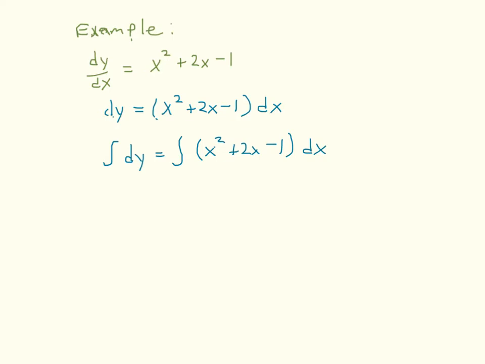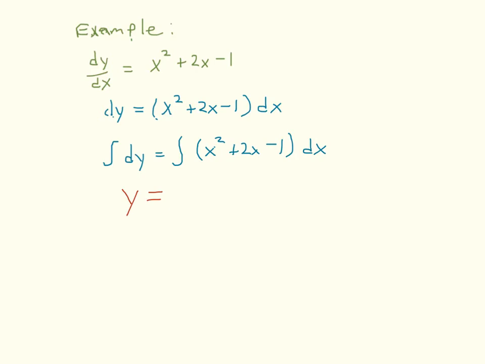So when I do this problem here, the first thing I need to do is take the integral of dy. And I know the integral of dy is just going to be y equals. Now in this case, what I have to do is identify what functions have a derivative of x squared, what have a derivative of 2x, and the derivative of minus 1.